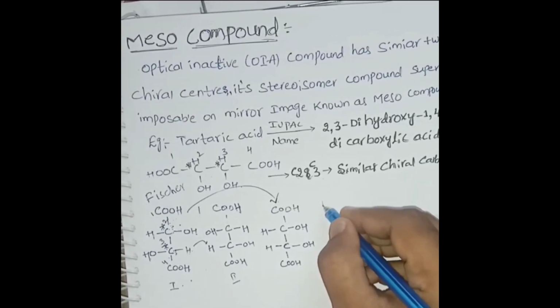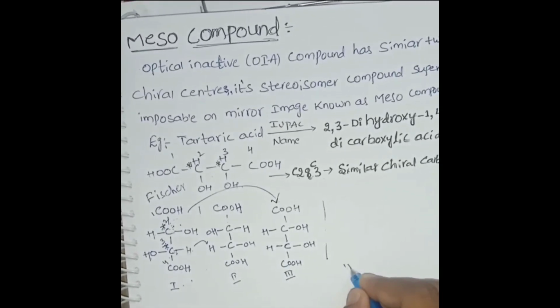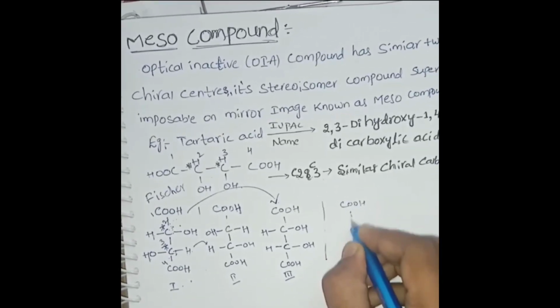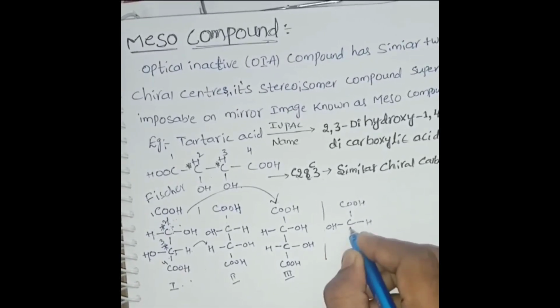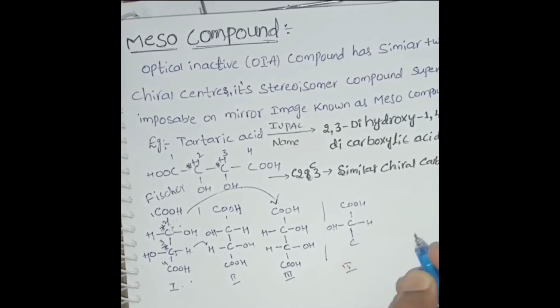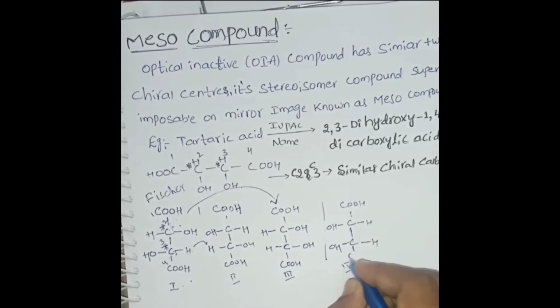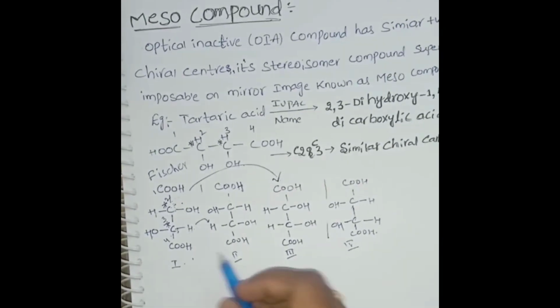Next I draw the mirror image for this stereoisomer of tartaric acid, with carboxylic acid, OH and H. I take this stereoisomer of the first tartaric acid and compare it with the other one.